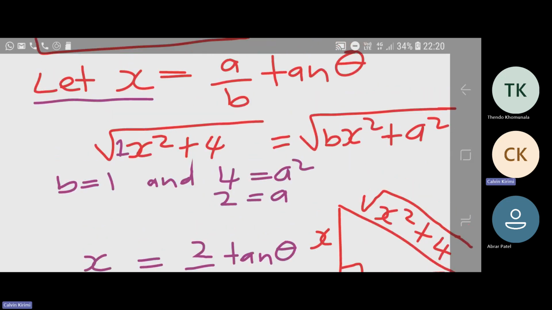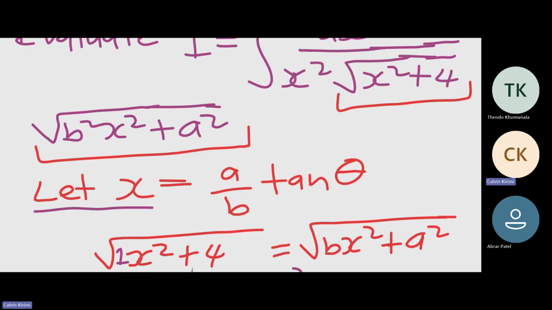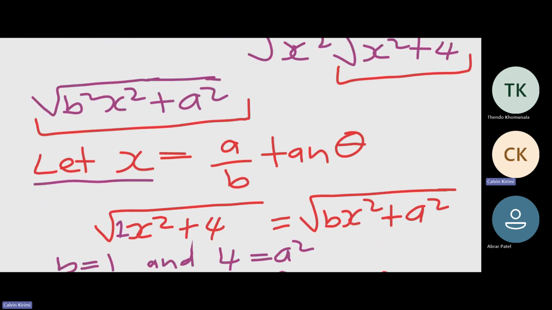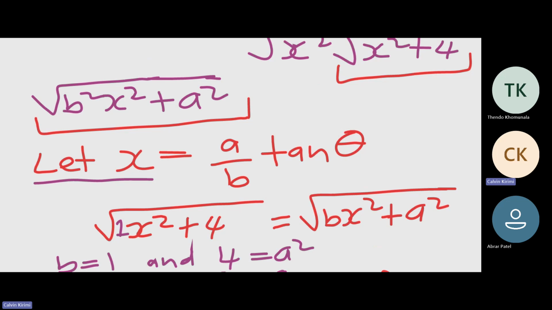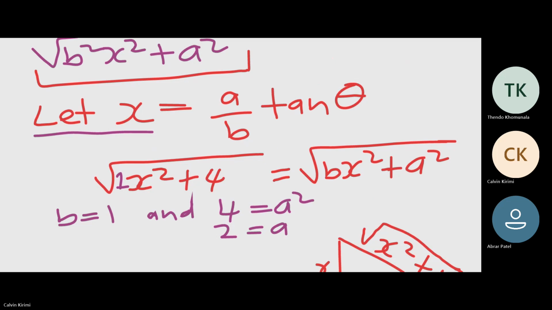Okay, so let's have a recap of what we started. We started from here. We want to find the integral. We equate the denominator in relation to trigonometric substitution. So if b squared x squared plus a squared are adding, which means there's a plus there, you must let x equal a over b tan theta.